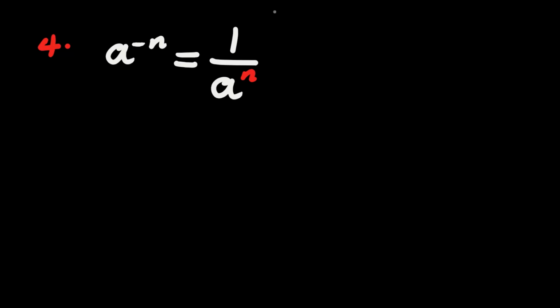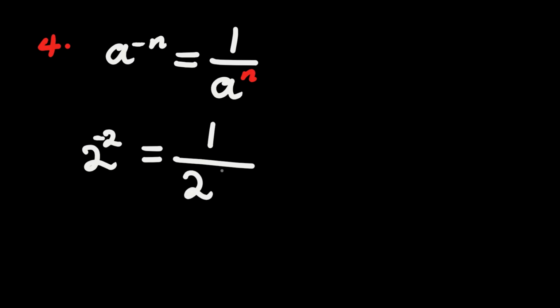Let's say for a second example, it's 2 to the power of negative 2. According to the law here, our answer would have to be 1 over 2 to the power of 2, not a negative 2. I hope it makes sense.